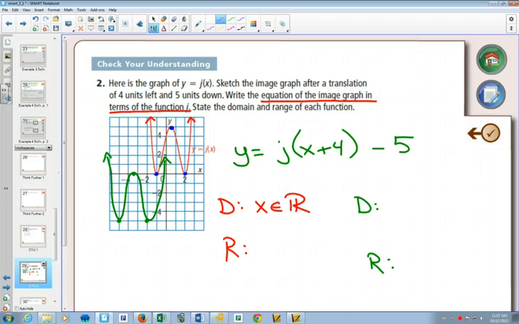In interval notation, you start with the smallest value. Since it doesn't have one, we'd say it starts at negative infinity and goes to infinity. And with that interval notation, every time you use infinity, we use round brackets.